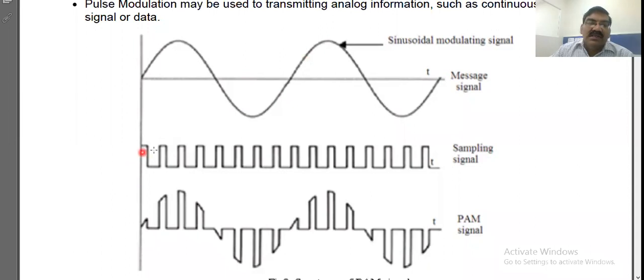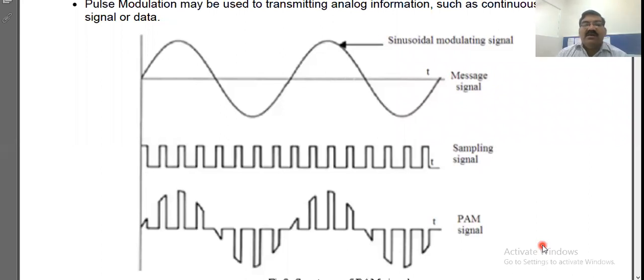Now there is a multiplication at this instant with this pulse, and this is the simple multiplication. So what you can say here is that this interval is the same, and here the interval is the same, and again here the same interval, again the same, again the same. So pulse amplitude modulation is exactly the same as natural sampling.